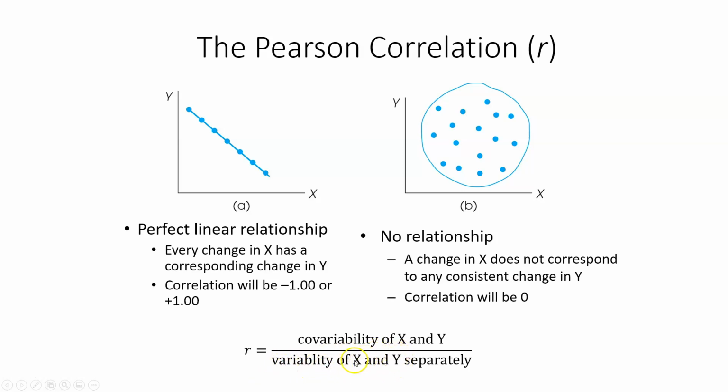And if we consider both of those variables and the variability or the variance of them, then we can compare how much variability we would expect just by chance in each of these two variables. And then we would compare it against how much variability we see in the two variables together. And that allows us to say how much covariability there is in relation to how much variability there is when the two variables are considered separately, just because of random variability in the variables themselves.